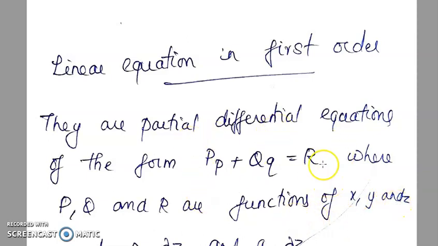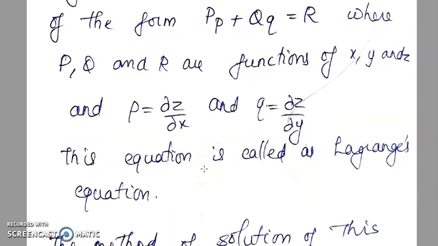So this type of equation is called first order linear PDE, and in today's class we will discuss a theorem which tells us the solution of a first order linear PDE.